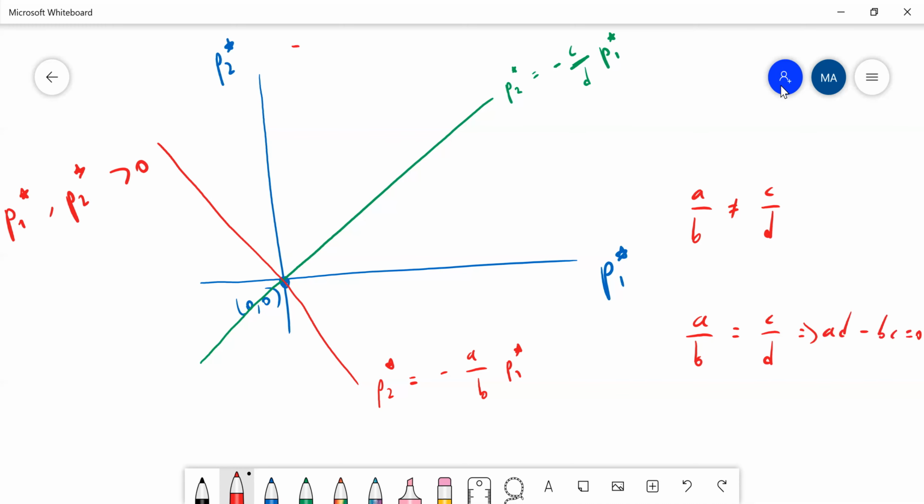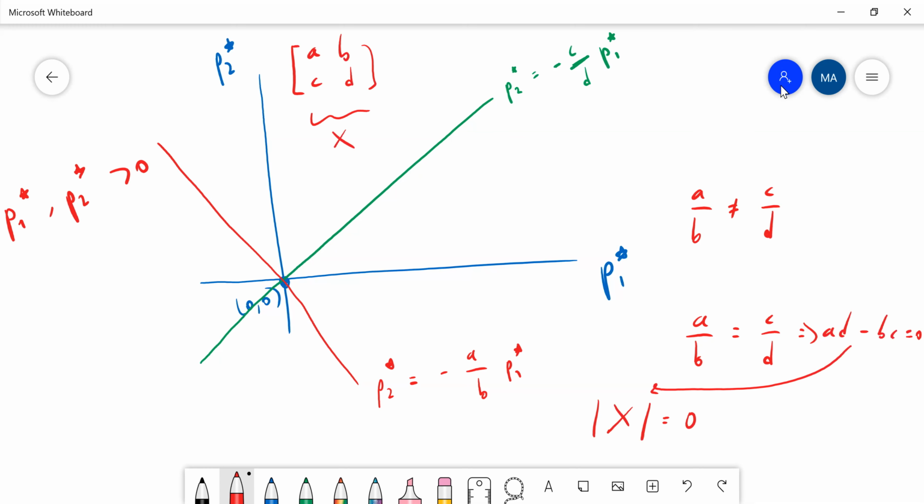Remember the matrix. Your matrix is A B, C D, right? So this condition is actually the determinant of X equals 0, right? In other words, slopes must be the same.